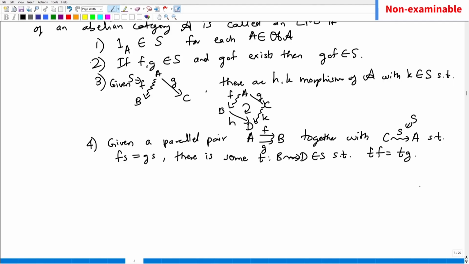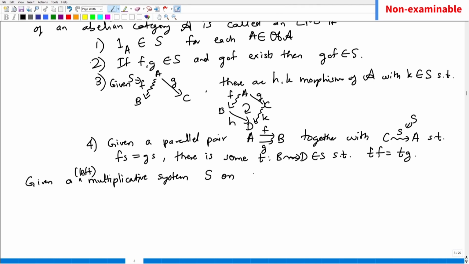Now, given a multiplicative system, I am just going to talk about a multiplicative system. You can say anything, left or right or both. Here I will talk about left.